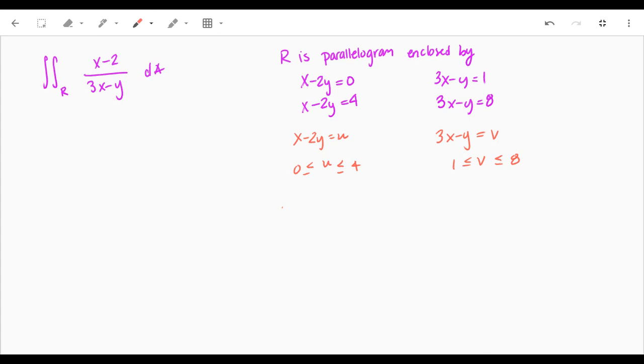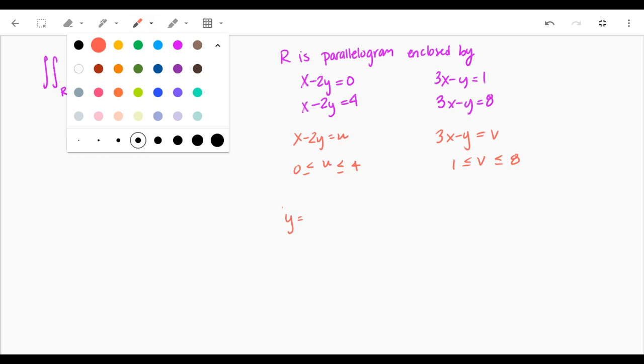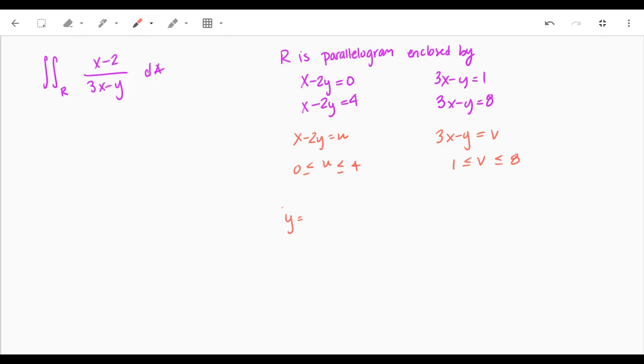So y is some function of u and v, and x is some function of u and v before we can do our Jacobian, right?